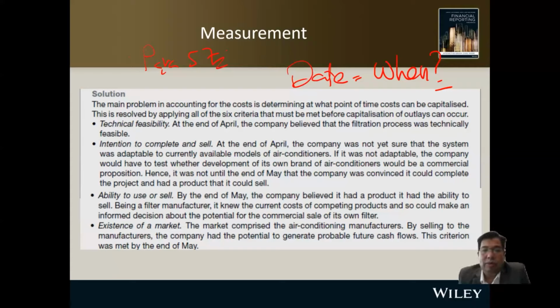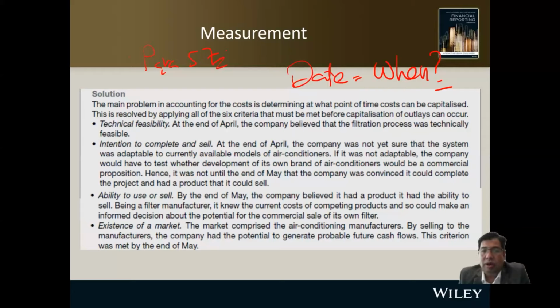Okay. Number 2 is intention to complete and sell. At the end of April, the company was not sure that the system was adaptable to currently available models of air conditioners. Even though you have the technology, the scientific knowledge to improve the filters, you're still not sure whether the technology can be adapted by other aircon manufacturers.